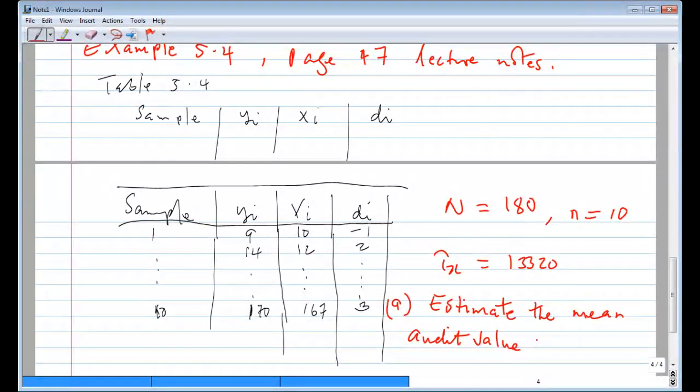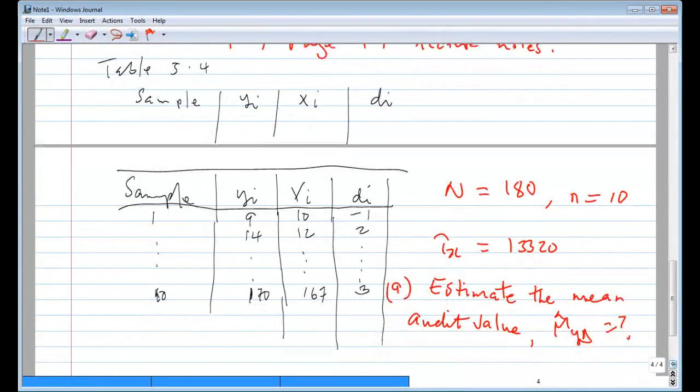In other words, they want you to find mu YD estimate, isn't it? That's number one. And they say estimate the variance of that estimator.